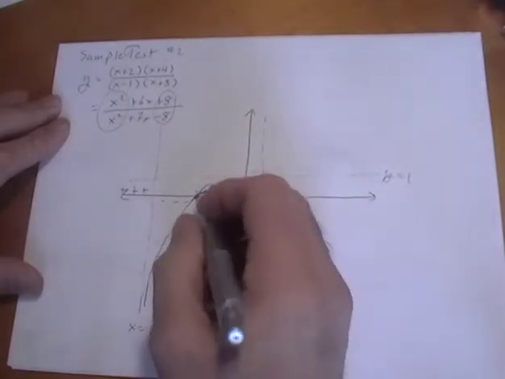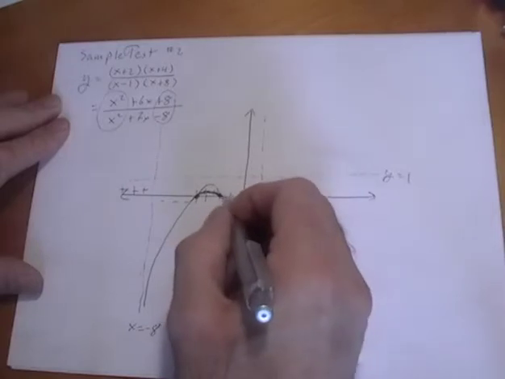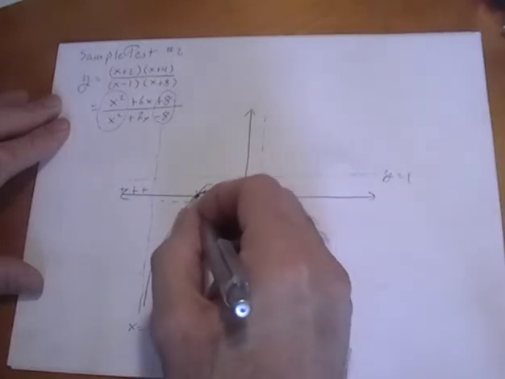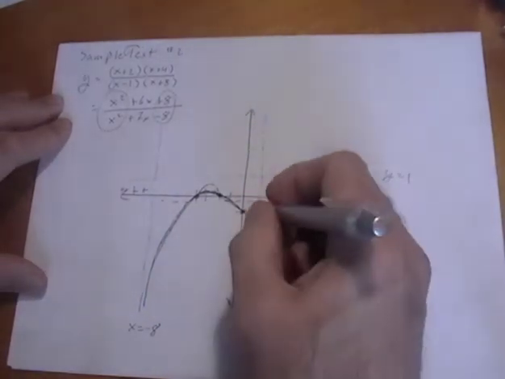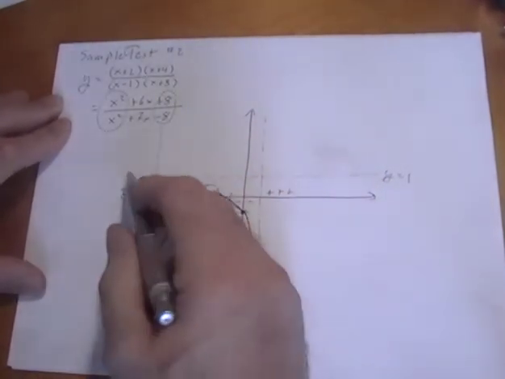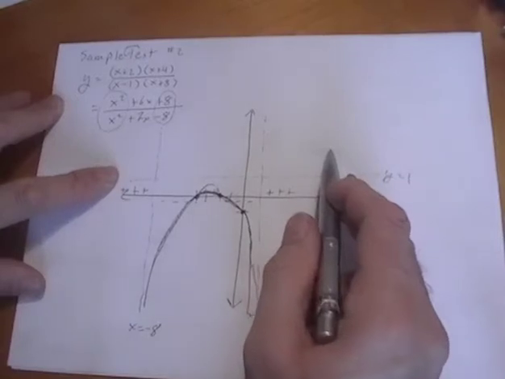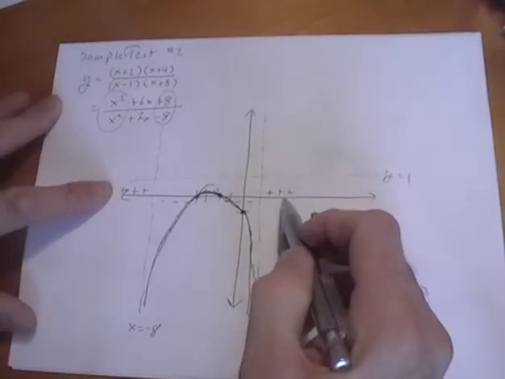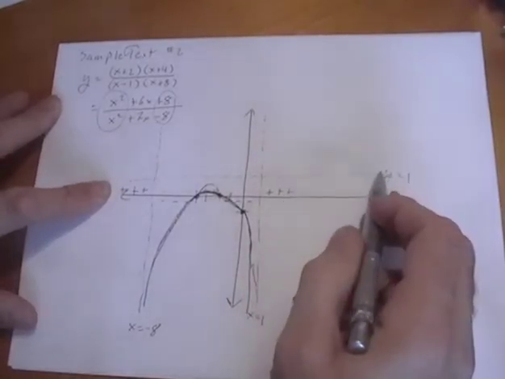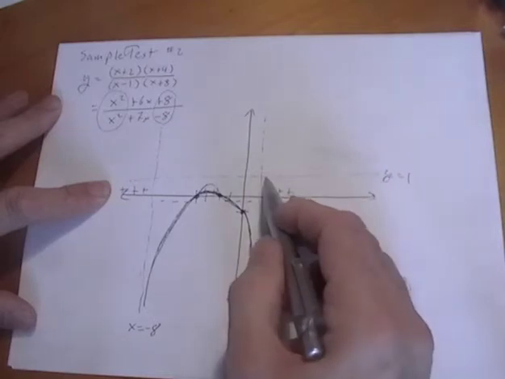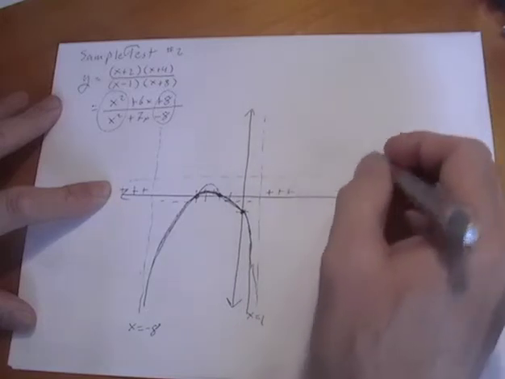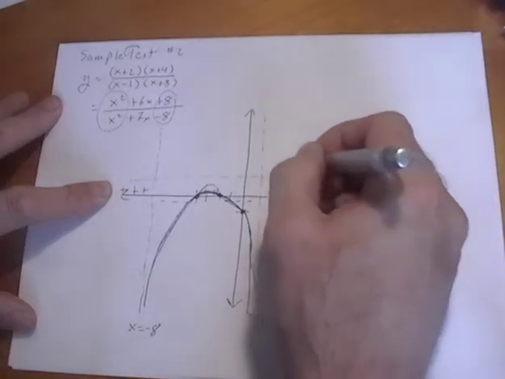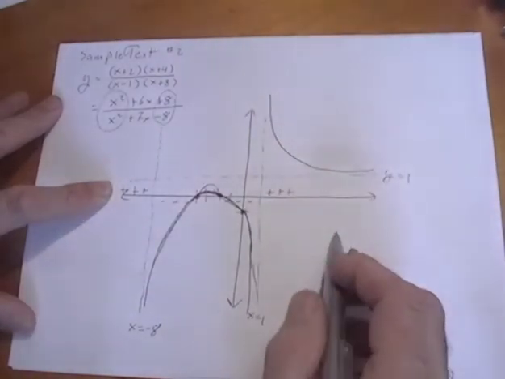Given the shape of these points, I don't expect it to rise very far. I'll go with a curve that looks something like that. In zones 1 and 3, all I know is that it's above. But if it has to flatten to the horizontal asymptote and then go towards positive infinity, it must look something like this.